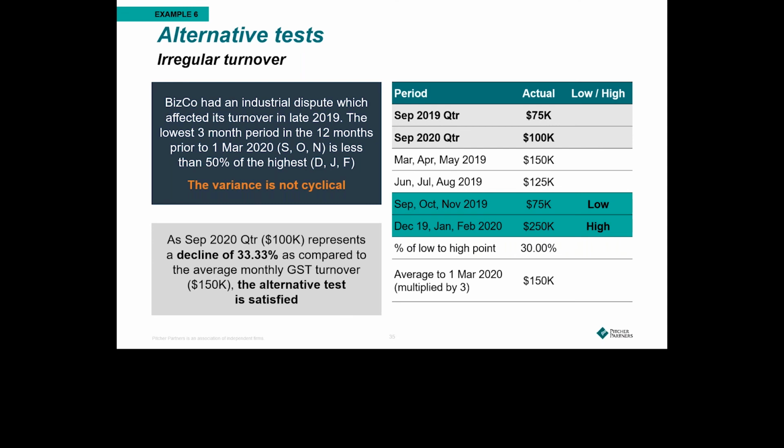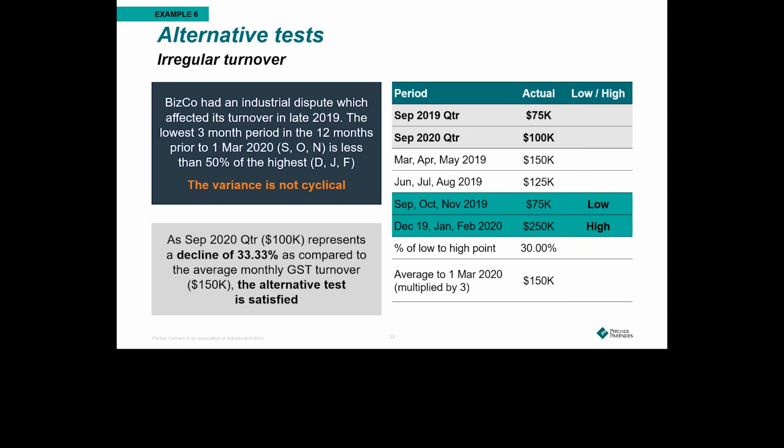And we work out the turnovers in those four periods, which might be a bit of work because they're not our normal quarterly reporting periods. You can see the highest is 250,000 and the lowest is 75,000. Clearly, the lowest is less than half the highest. It's exactly 30% of the highest. So we can access the test.